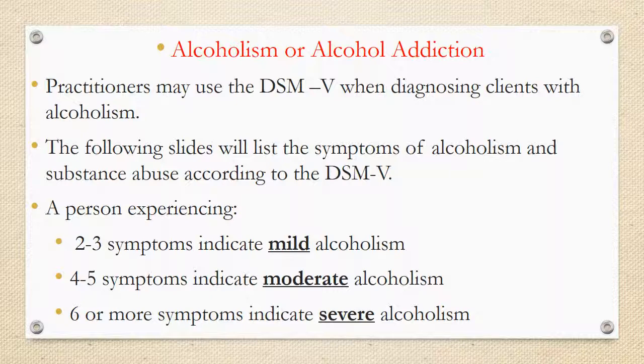If a person experiences 2 to 3 symptoms, it indicates mild alcoholism. If a person is experiencing 4 to 5 symptoms, this may indicate moderate alcoholism. And a person showing 6 or more symptoms on the next slide indicates severe alcoholism.